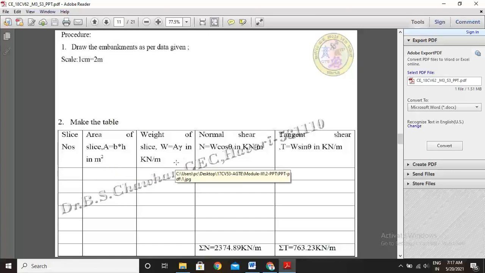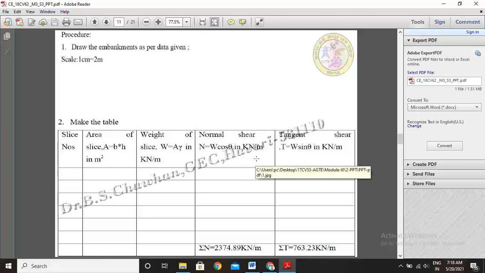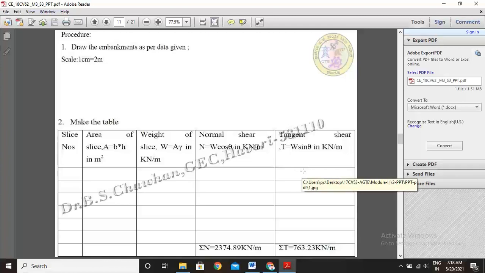Weight of slice, W, equal to area of slice into unit weight of soil. Normal force N equal to W cos theta, and tangential force T equal to W sin theta.